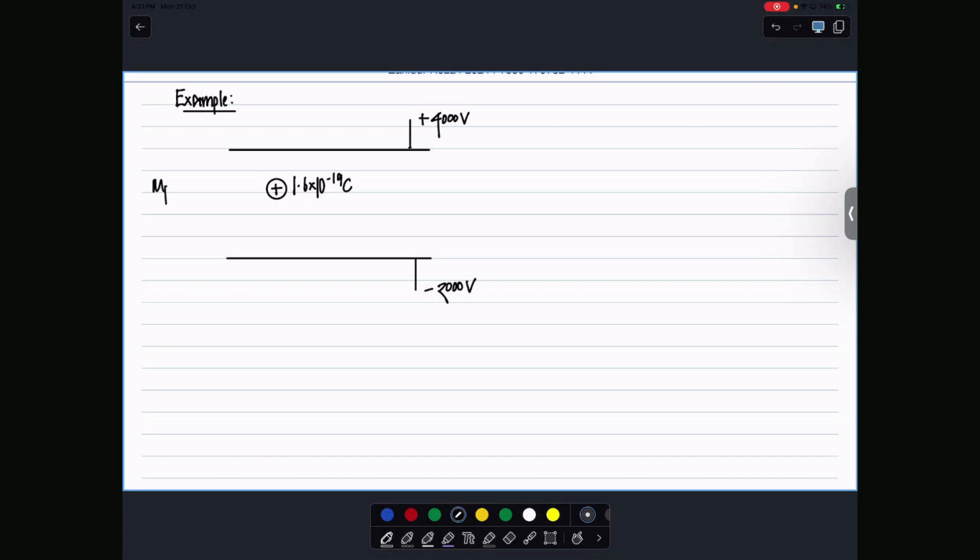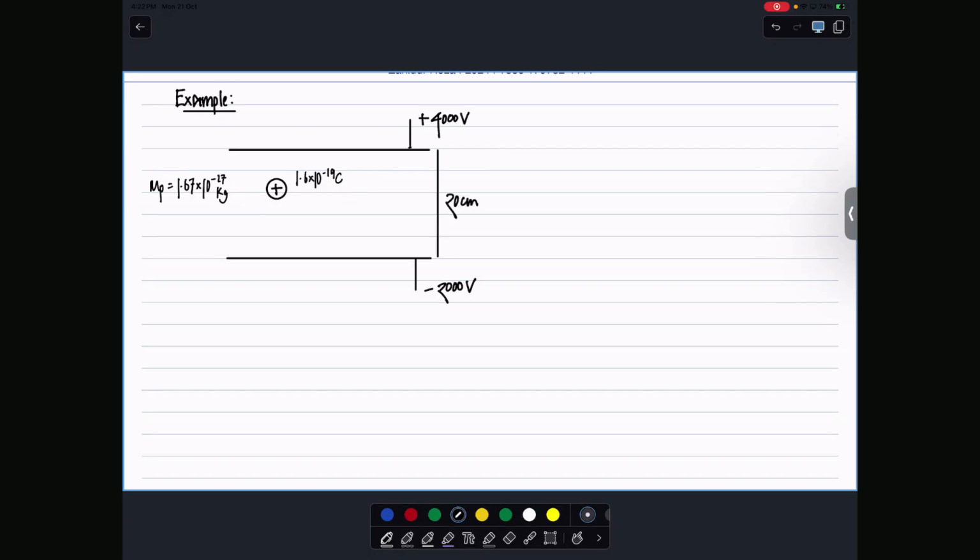What was the mass of a proton? Very good. Yes, 1.67 into 10 to the power minus 27 kilogram. You're not supposed to memorize it, but if you don't have it memorized, it means that you're not studying enough. Anyways, the separation of the plates here is 20 centimeters.